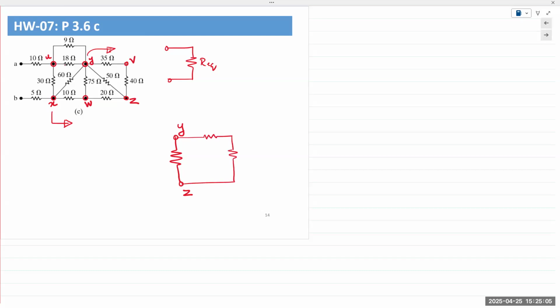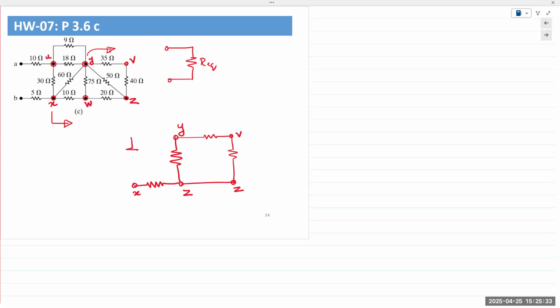So Z also gets stretched out at the same time. Okay. Z gets stretched out. This is V. And of course, this is still Z. Same wire, same node. Then I will have X here.